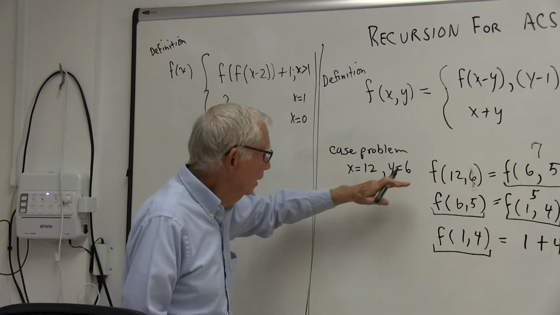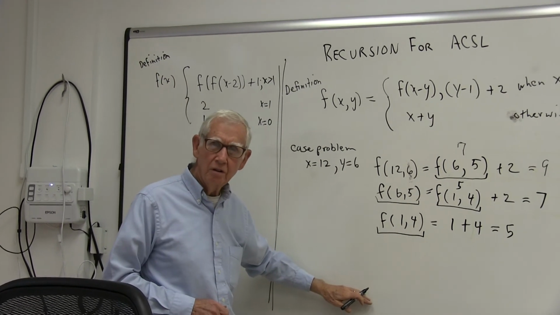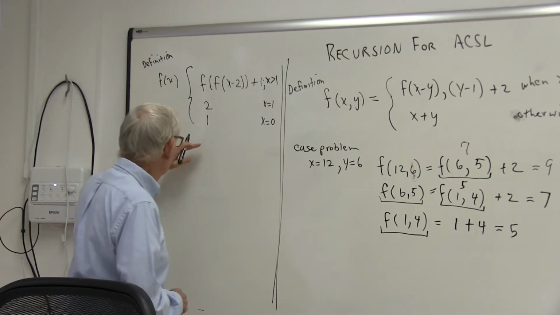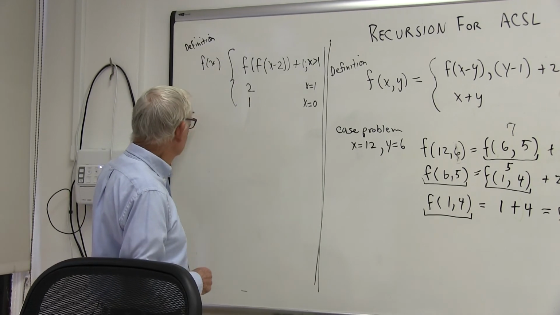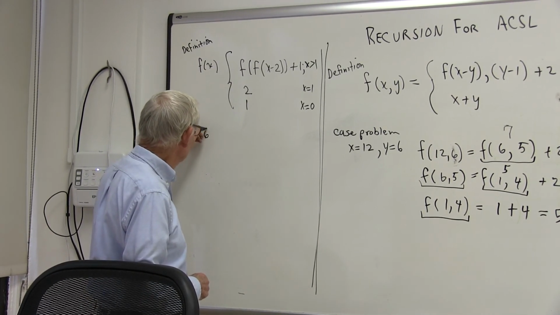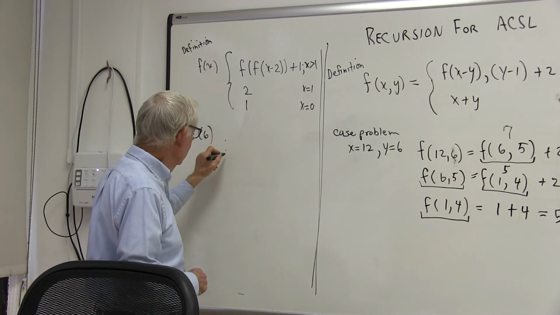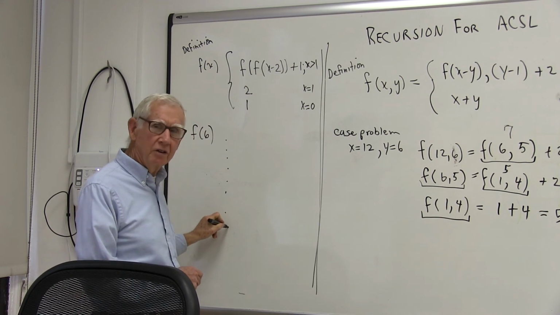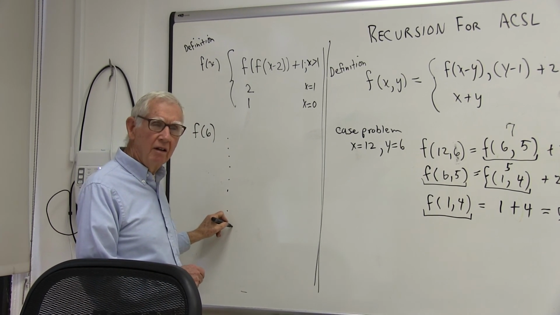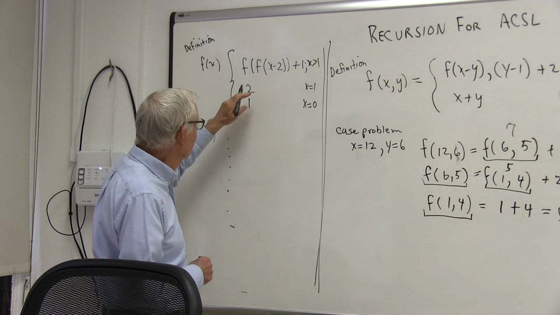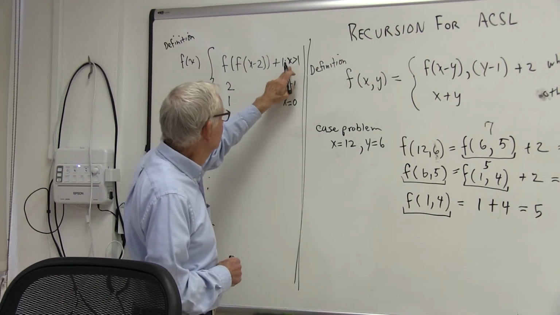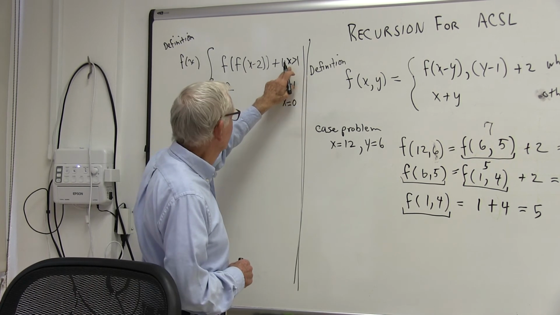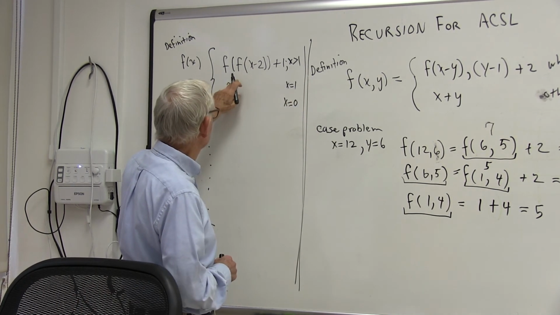This one, it turns out, has many more steps than just 3. This one has 4 or 5 steps or 6 steps, depending on what number you put in. Okay? So if you tried this with a function of 6, let's say, you could work your way down. I'm not going to do it now because I'll let you practice it, because it's easy to do if you just are careful. So you start out with a function of 6. You know that 6 is greater than 1, so this case would apply.